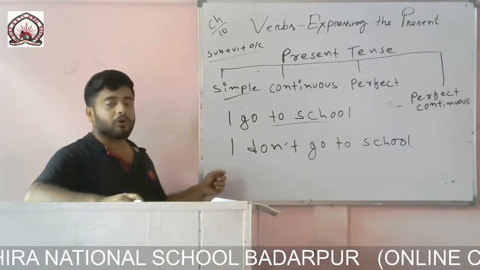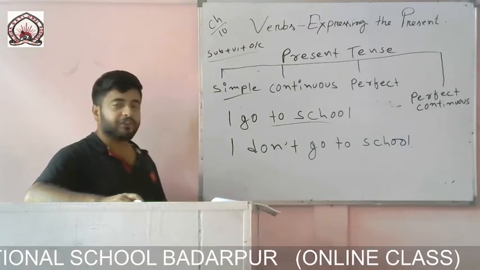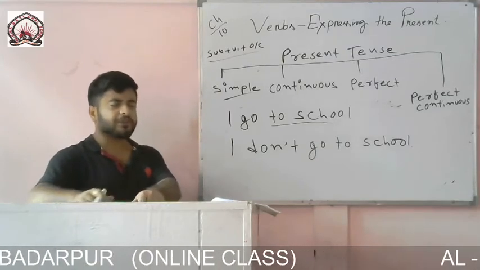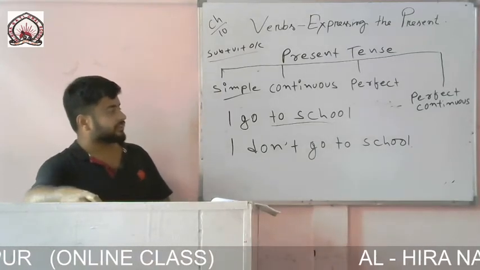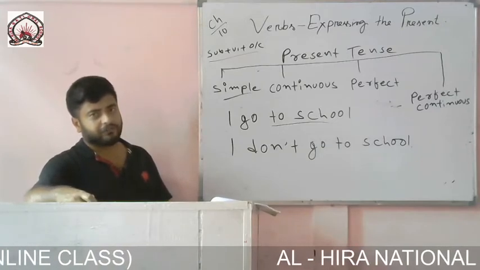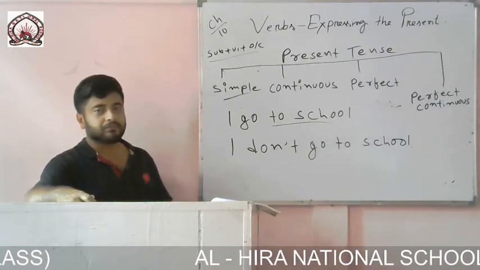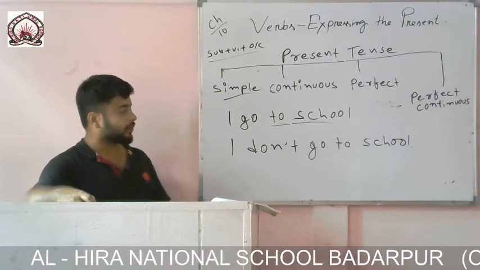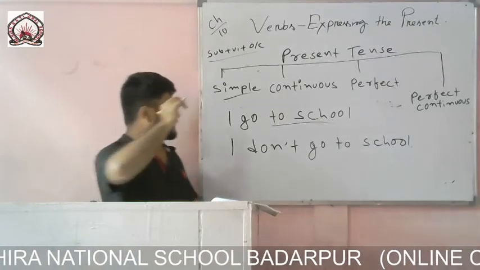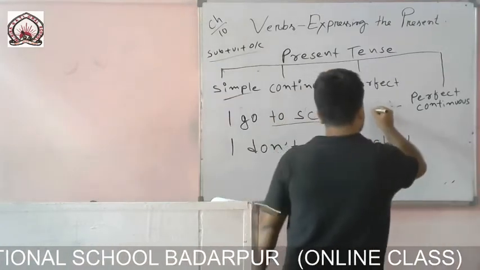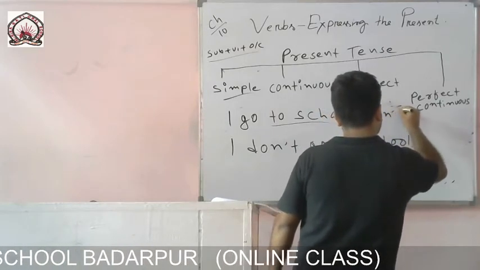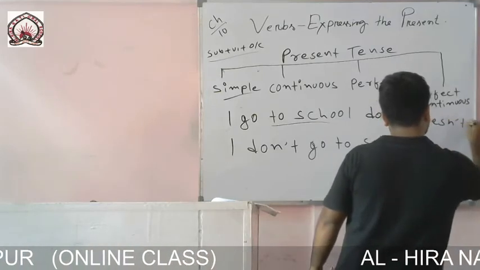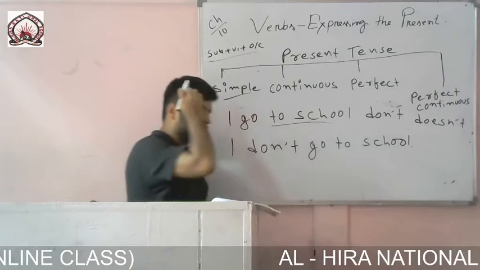Always remember that if it is present indefinite and we want to transform an affirmative sentence to negative, interrogative and interrogative negative, then we have to use the help of don't and doesn't, D-O-E-S-N-T, to transform into negative.